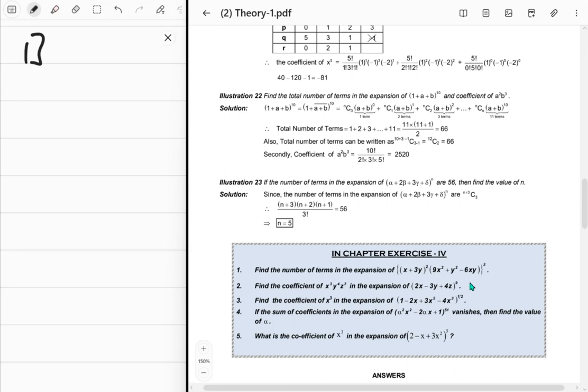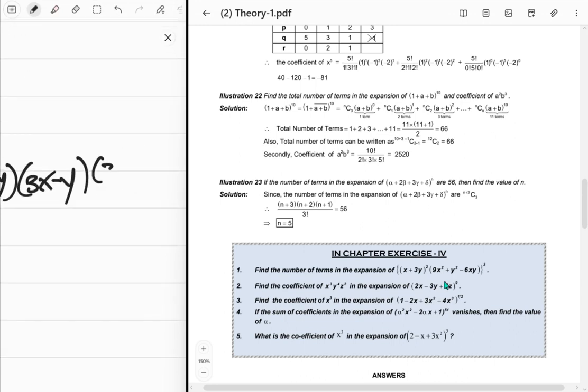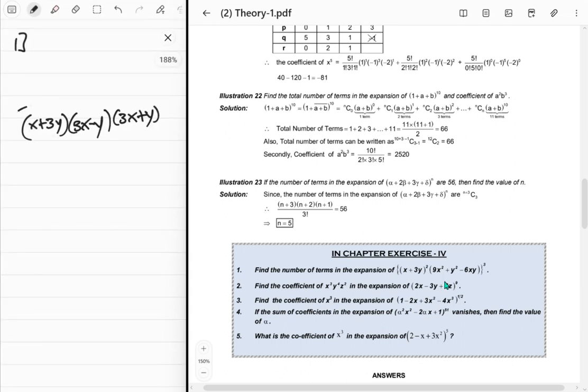Okay. So this thing you can write slightly differently. You can write it as x plus 3y, then you've got 3x minus y, and then 3x plus y, all of that to the power of 3, right? When you do the cube, over here you will have a y cube, over here a y cube once again, and over here a y cube. Yes.